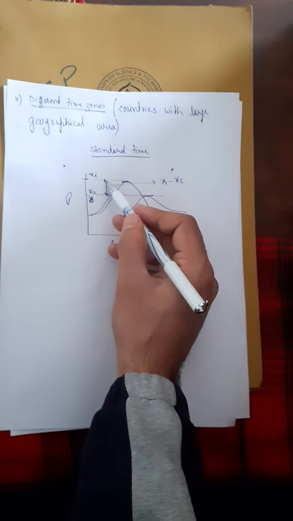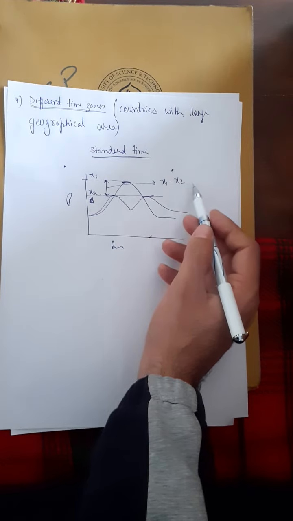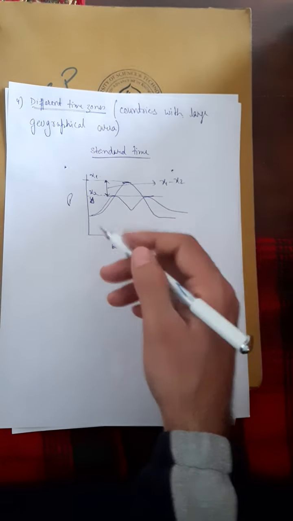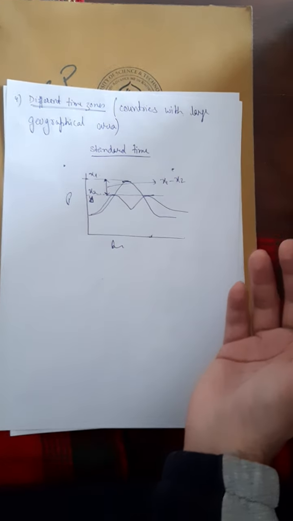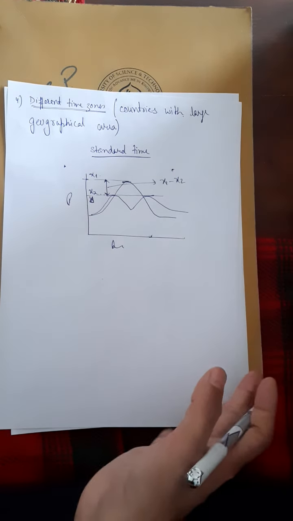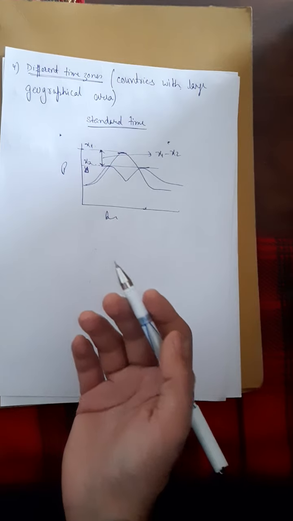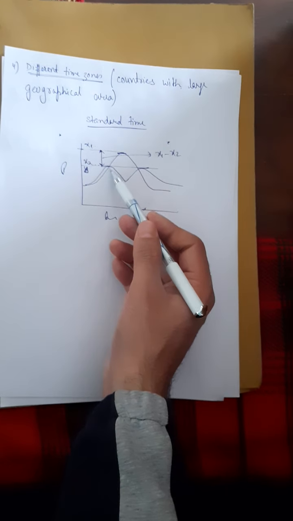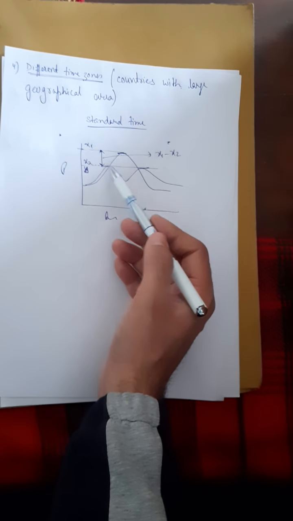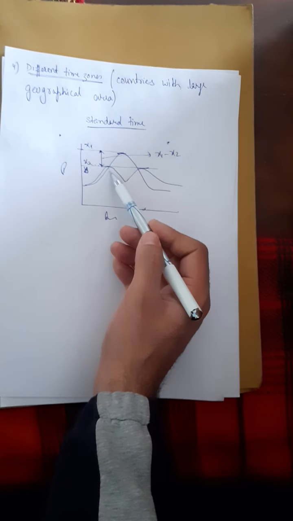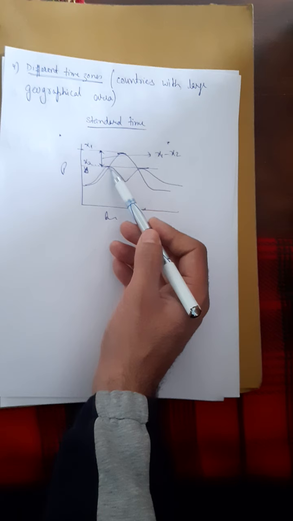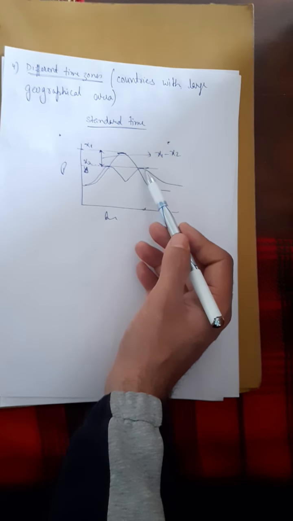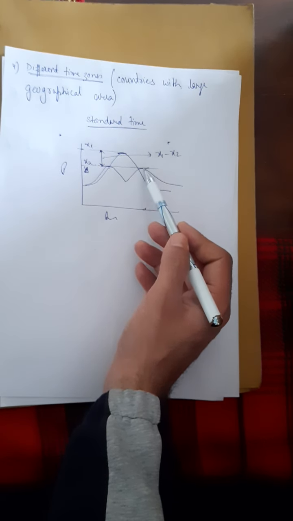So we have reduced the peak by x1 minus x2. So we can supply the power by installing power plants of lower capacity. Since I have divided the country into 2 time zones, the maximum demand in one time zone occurs at one time, and the maximum demand in the other time zone occurs at another time.